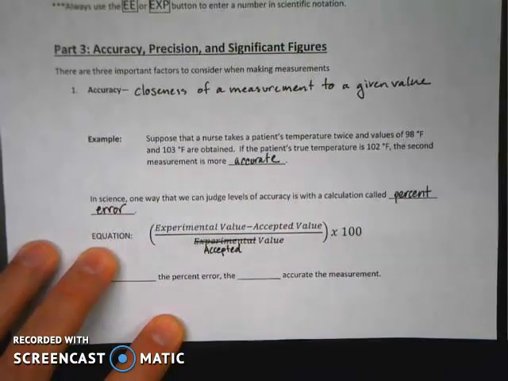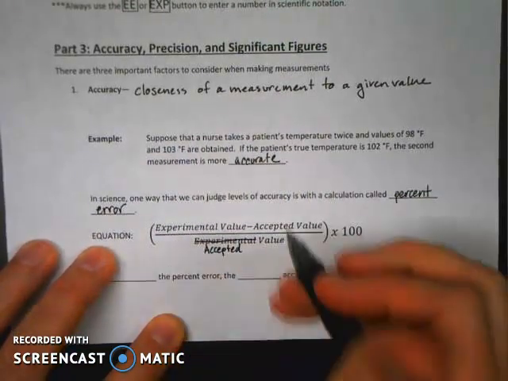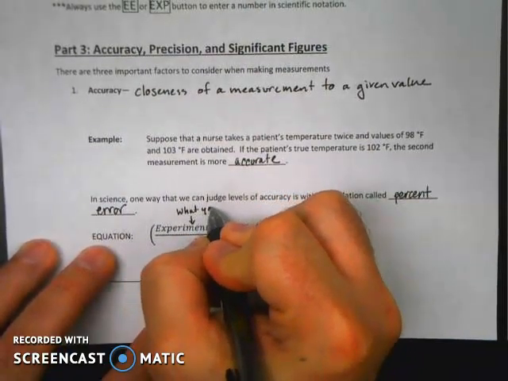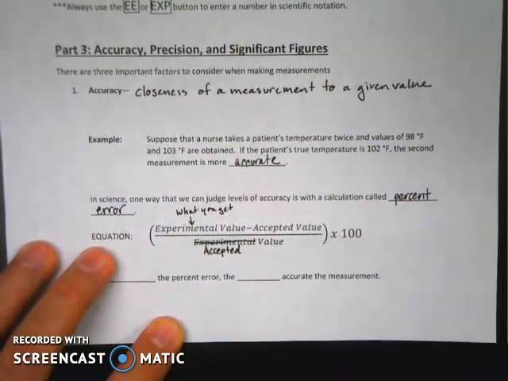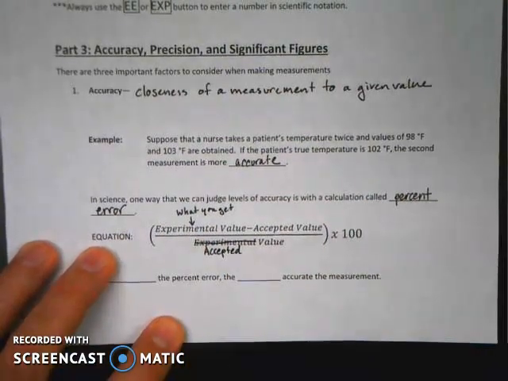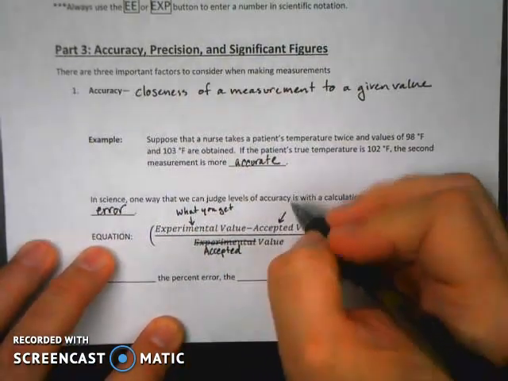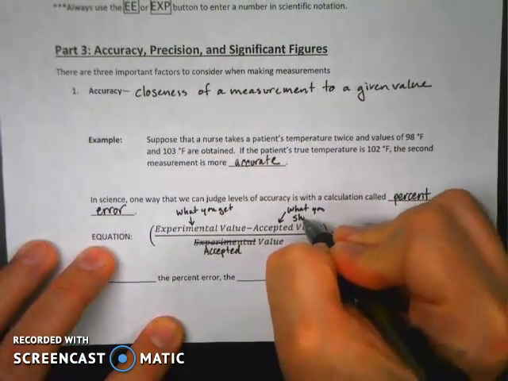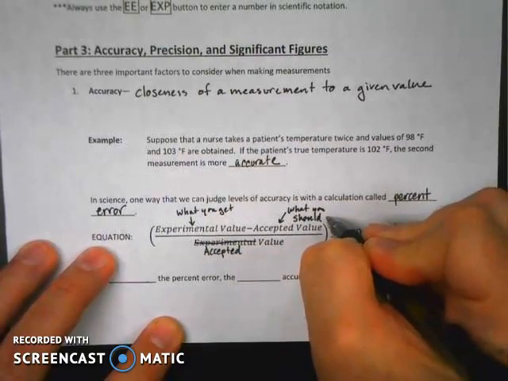With this, our experimental value is what you get. So when you take a measurement, that is the value. The accepted value is what you should get. So this is the true value.